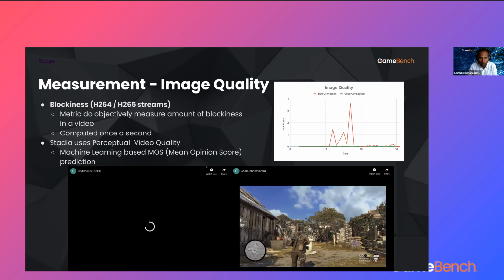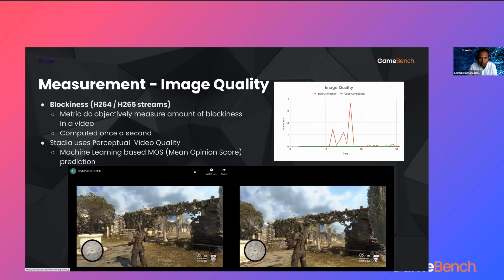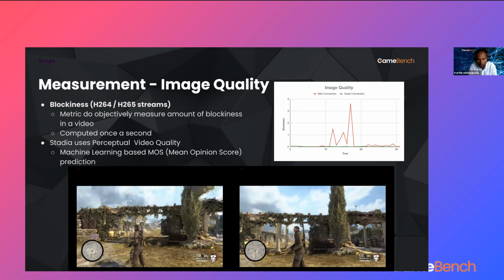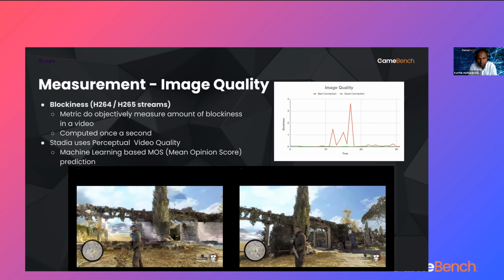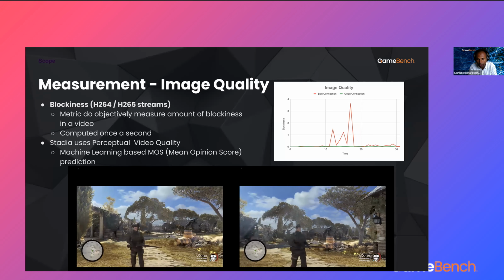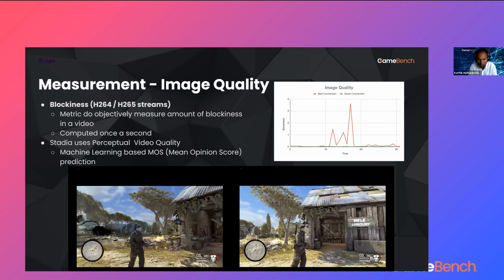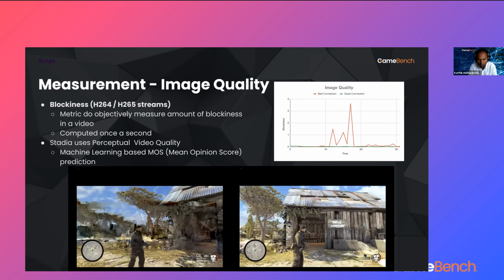Now you might have another question, which is pertinent not to native gaming but to cloud stream gaming. Image quality is important, right? How do you measure blockiness? If I'm being streamed a video, obviously you want the video to be as little blocky as possible. This is quite an interesting area.